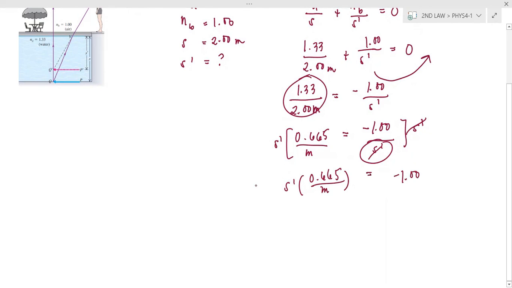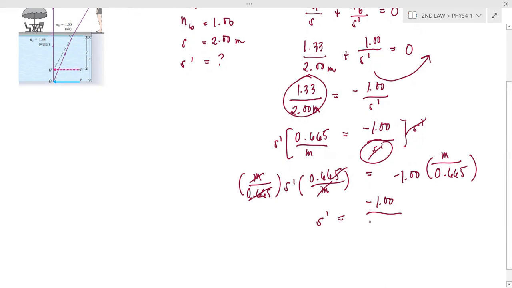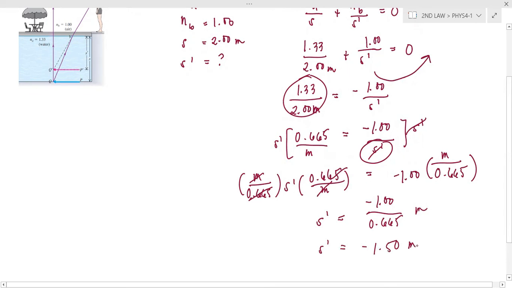Then I will multiply both sides by m over 0.665 for this to cancel out, and then we will be left with s prime on this side. What we have now on the right hand side is negative 1 over 0.665, and our unit is in meters. If you calculate this, you will obtain negative 1.50 meters.